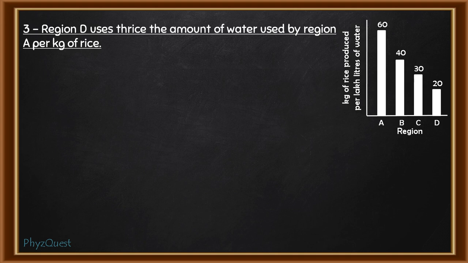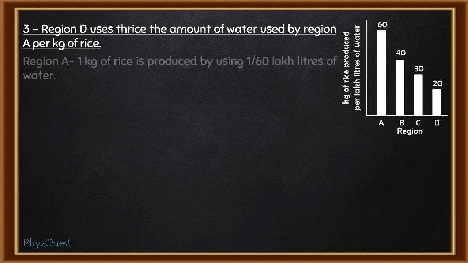So here again we need to compare. The comparison should be done between region A and region D. So let's do that. As you can see, region A is producing 60 kg of rice for 1 lakh liter of water.